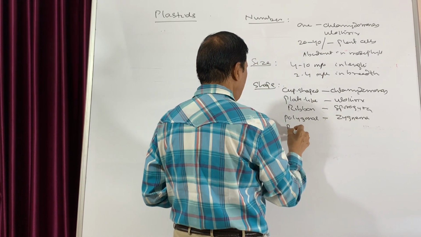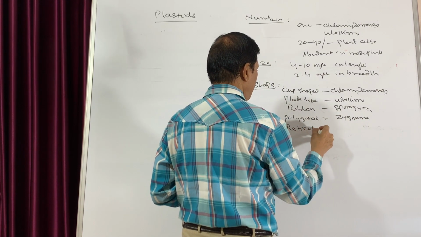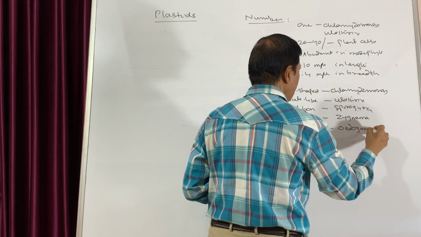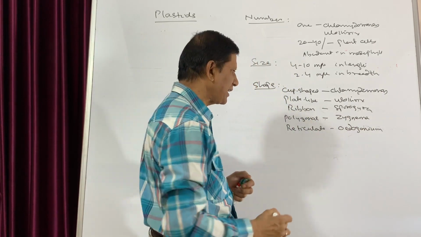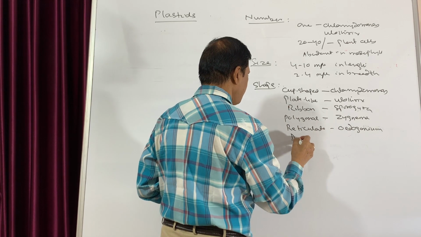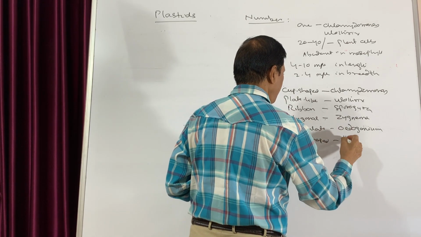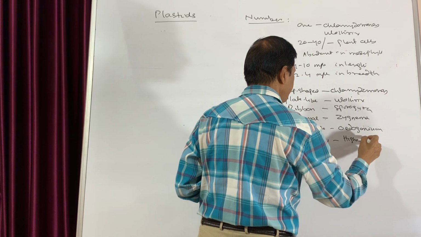It is reticulate in case of Oedogonium. Now these are all examples from algae, but in case of higher plants, usually they are disc-shaped.